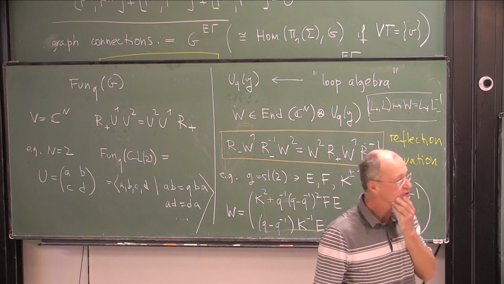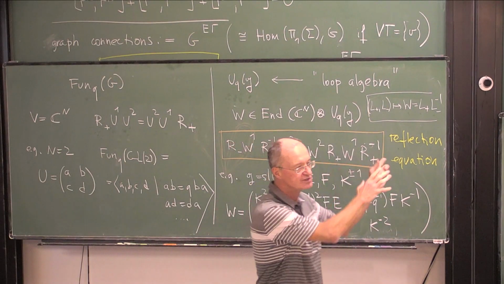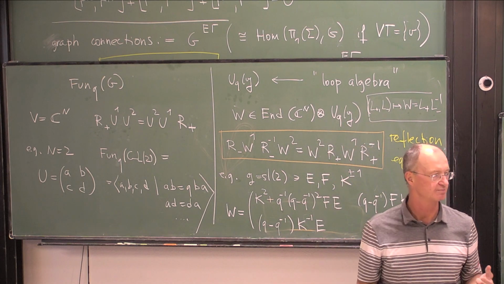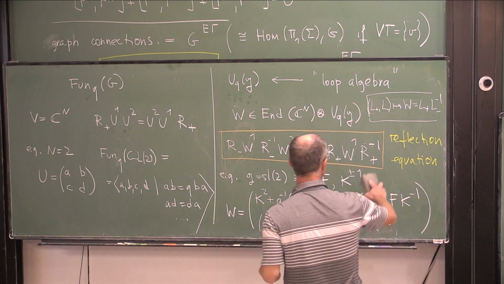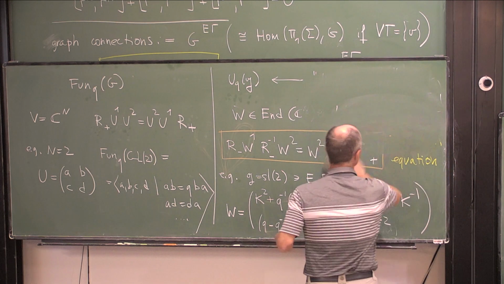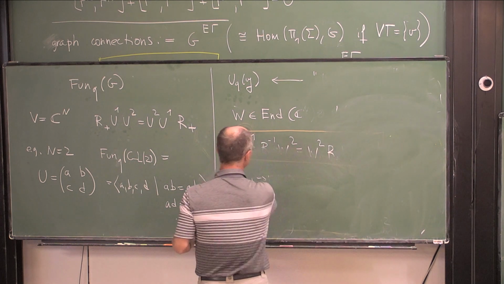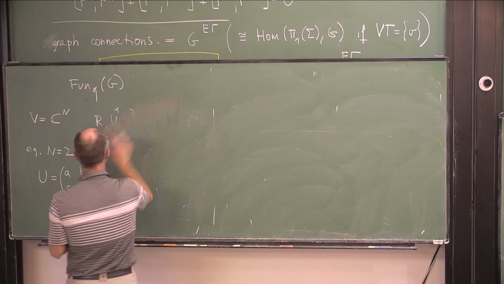I want to spend a little bit of time talking to you about comparison of this scheme, or maybe mentioning other quantization schemes, right? Because moduli of flat connections has lots of quantization schemes. Some of them are related to this one, and some of them are relatively distant.